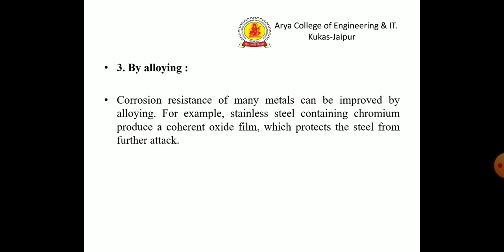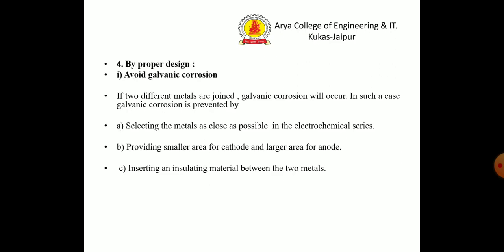Next is by alloying. Corrosion resistance of many metals can be improved by alloying. For example, stainless steel containing chromium produces a coherent oxide film which protects the steel from further attack. Next is by proper design. In this, the first point is to avoid galvanic corrosion.